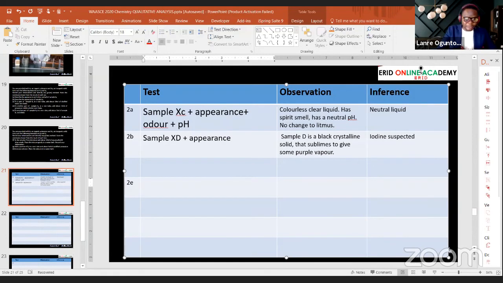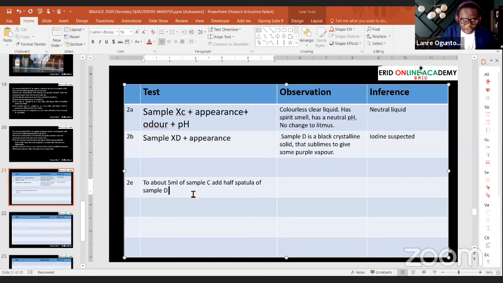So they can say: to about 5 ml of sample C, add half spatula of sample D. Sample C now is your alcohol, while sample D is your iodine, but we are going to be calling them sample C and sample D. So plus half spatula of sample D, then you note your observation.